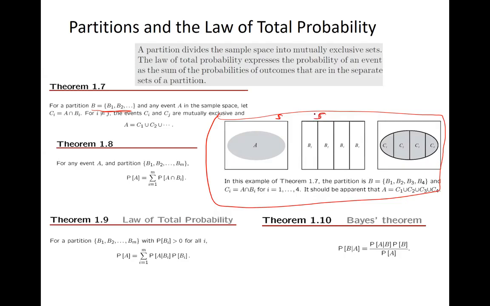We define an event A in sample space and divide this into 4 events, C1 to C4, and then the union of C1 to C4 gives you A. Note that B1 to B4 and C1 to C4 all are mutually exclusive, disjoint.